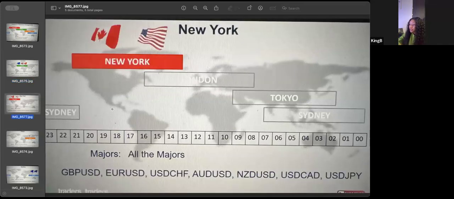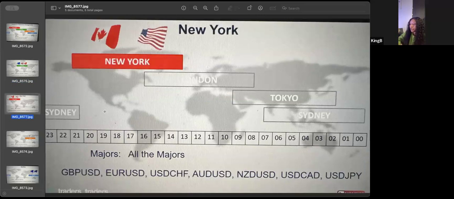Now for the New York session, you have the major pairs, like GBP/USD. These are when liquidity is high, right? Outside of this, you can trade these pairs outside of their trading session, but the market is going to be slow. So you either swing that trade or you just have to be extremely patient.